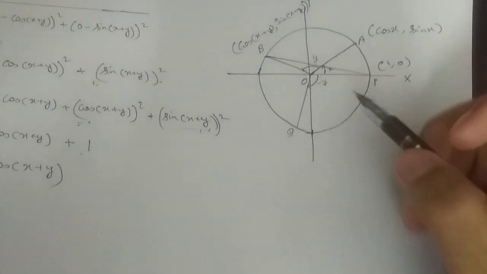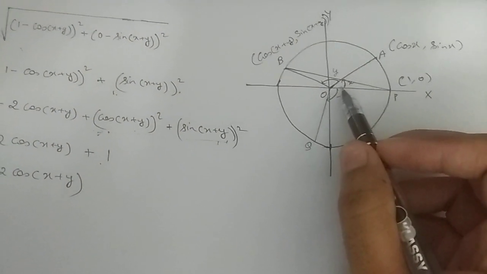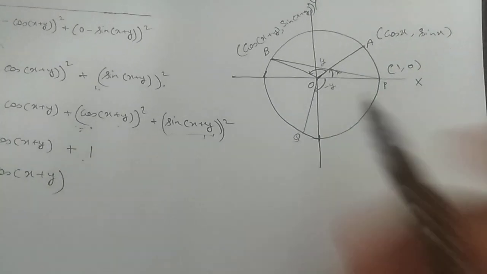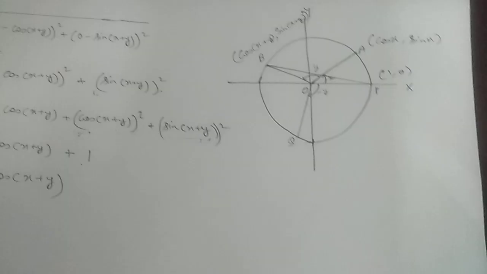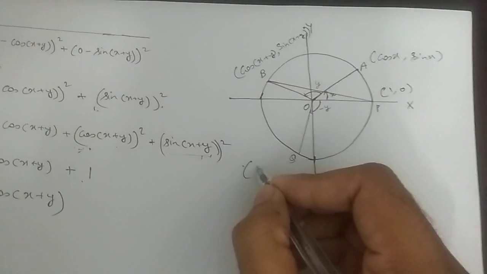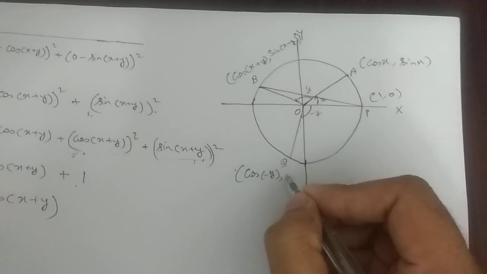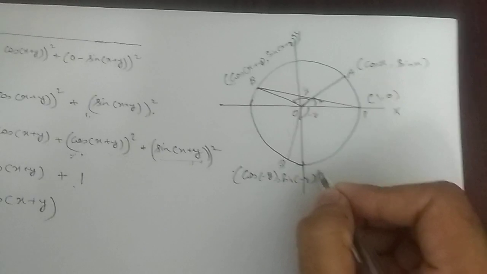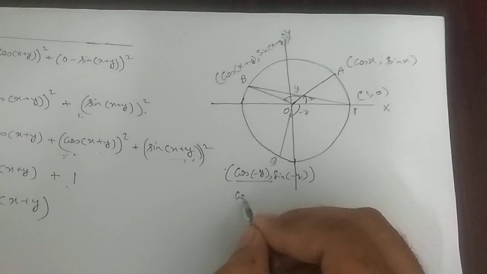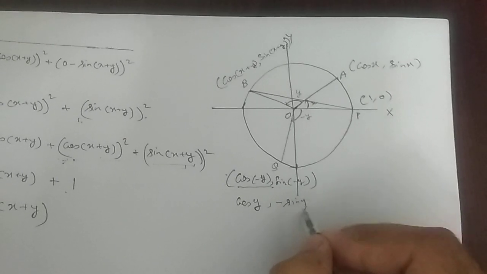Now let us come back to the diagram here. Now we are drawing one angle y but in clockwise direction. Therefore, this angle will be minus y, and we are indicating this point as Q. Therefore, coordinate of point Q will become, from the previous concept, cos of minus y, comma sine of minus y, and this cos of minus y that is already known to us, it will become cos of y, and sine of minus y becomes minus sine of y.